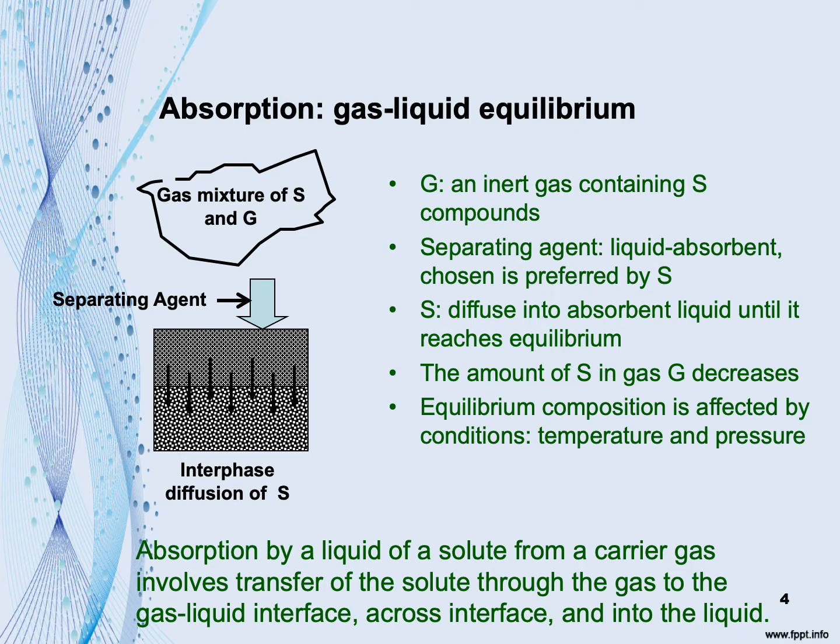What we have in the end is that the amount of S in the gas will decrease, while some of the S compound will be absorbed in the liquid separating agent. Again, the composition is affected by temperature and pressure. So absorption is the removal of a solute from the carrier gas, and involves transfer of the solute through the gas to the gas-liquid interface, across the interface, and into the liquid.